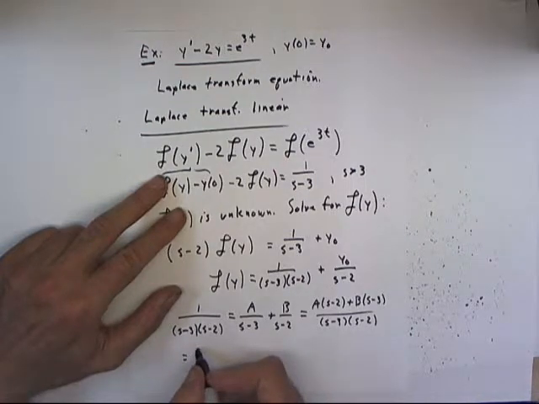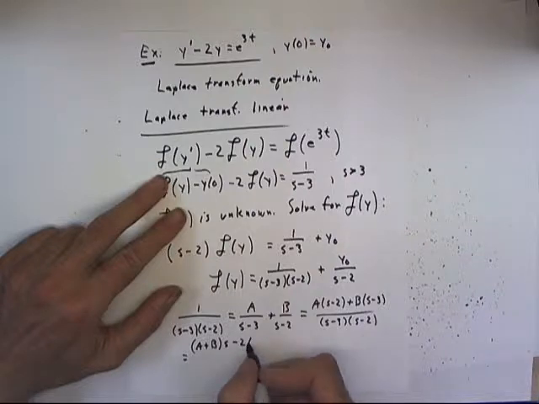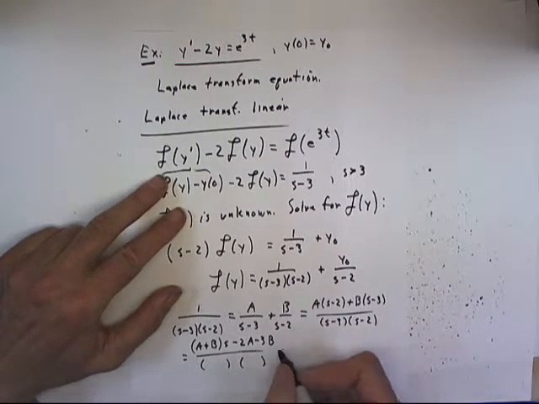And that equals a plus b multiplied by s, and then minus 2a minus 3b over s minus 2 times s minus 3. Not going to write them out, we know what's in the denominator.